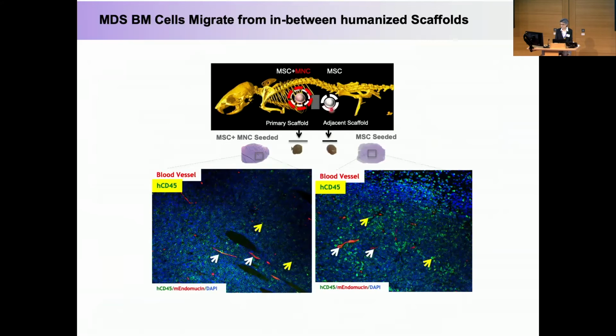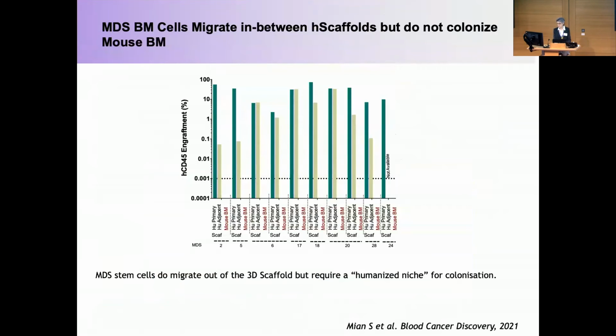And you can see in this diagram that both the primary scaffold seeded with everything and the adjacent scaffold show human CD45, meaning that the MDS cells have indeed evolved to reconstitute the adjacent scaffold. And this is a summary of a few mice and a few patients that were done like that. So primary engraftment, but also adjacent scaffolds that were essentially empty, but nothing in the mouse bone marrow.